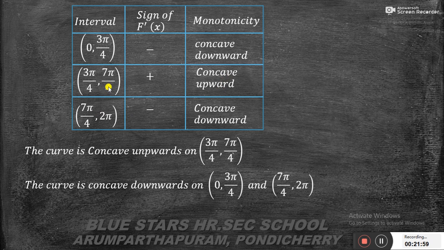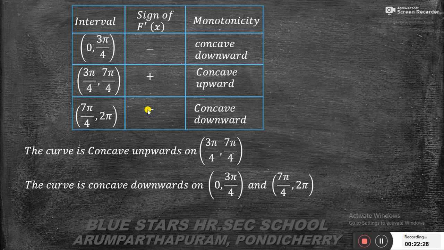Next, 7 pi by 4 means 315 comma 2 pi means 360. So 315 comma 360. From this interval you choose any degree and substitute in f double dash of x.